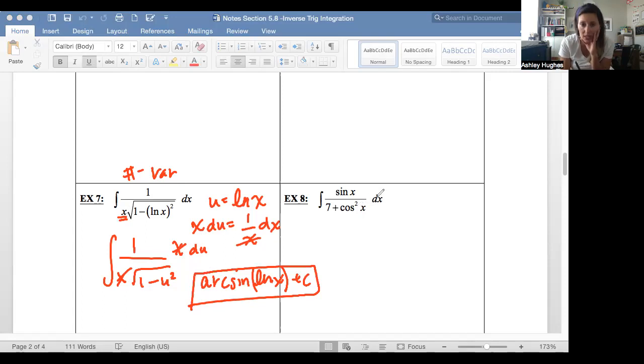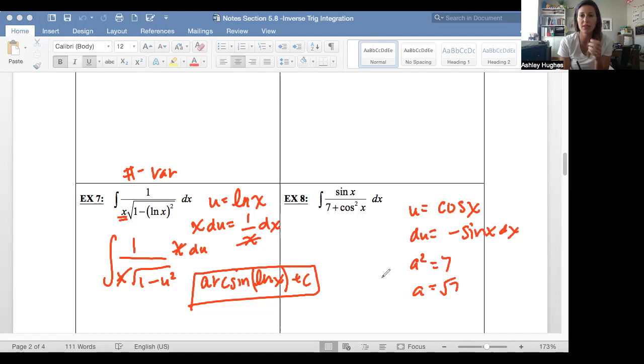Okay, this one is a little bit tricky. Let's think through it. If my u is cosine of x, my du would be negative sine of x dx. That means that would be your a squared because there's a plus, so a would be the square root of 7. So let's see if it would work out.